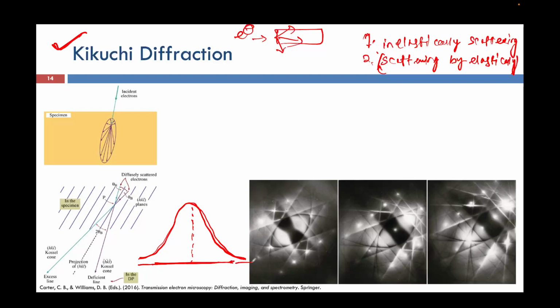So this is the scattering angle, and this is my intensity here. Now, when I consider scattering angle versus intensity, for inelastically scattered intensity, it is like this. And whatever I have shown here, all those 1, 2, 3, these are all Kikuchi pattern.